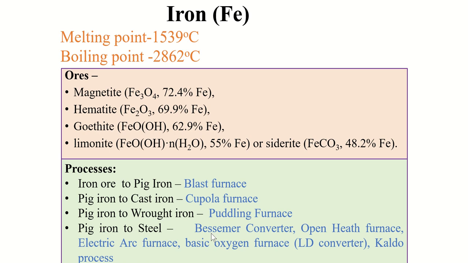The basic Bessemer process is used to reduce the sulfur and phosphorus. The open hearth process is also used for steelmaking, and it came after the Bessemer converter. Electric arc furnaces can be used to make different alloys of steels. The basic oxygen furnace is a very modern technique.